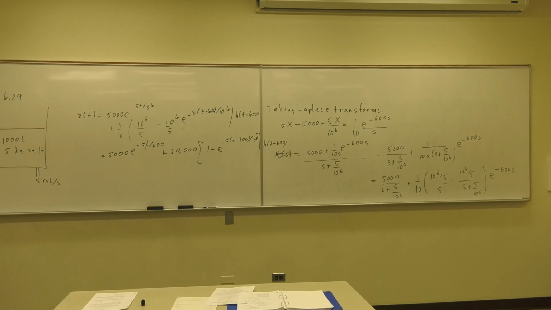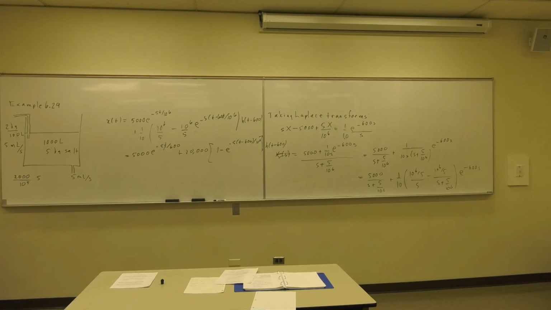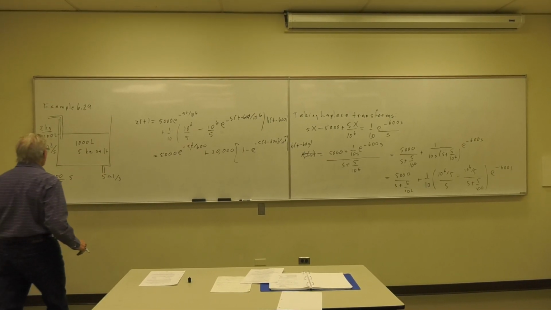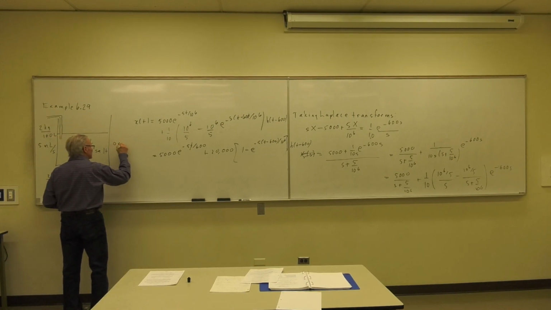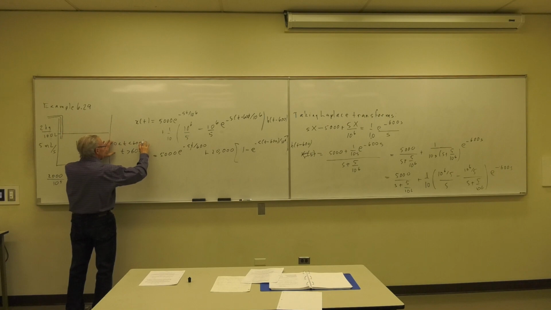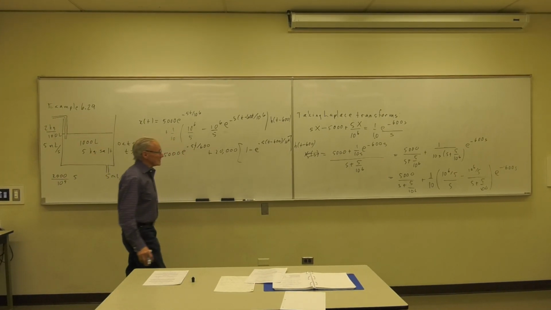So compare, or again, think about that relative to what you would have done without Laplace transforms. Chapter 15 would have said, solve it for 0 less than t less than 600. Solve it for t greater than 600. Then match the solutions at 600. This, to me, is easier.